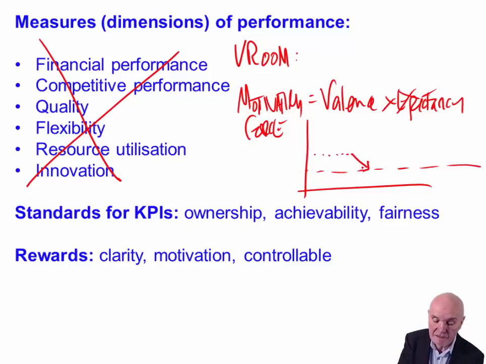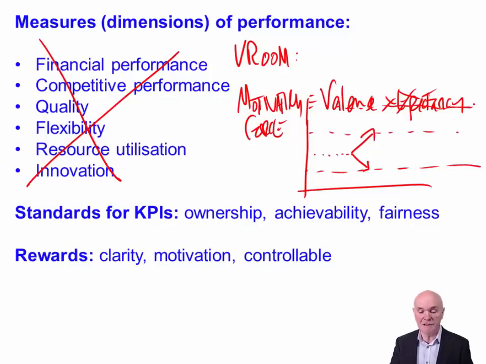Whereas if you set a target which is reasonably challenging, then the performance will go up. If you set a target which is almost impossibly challenging, and you say, well, no matter how hard I try, I'm never going to get this, that will be quite demotivating as well.